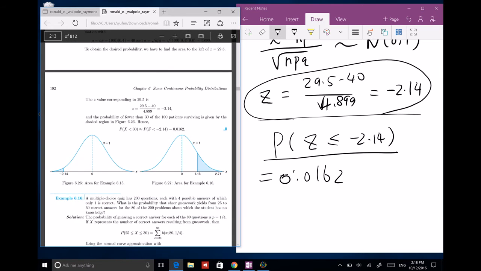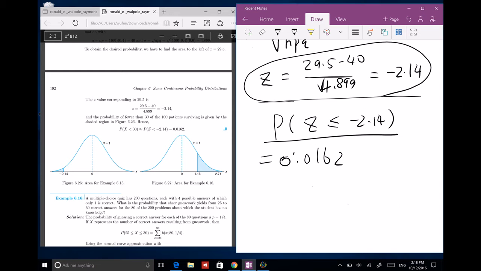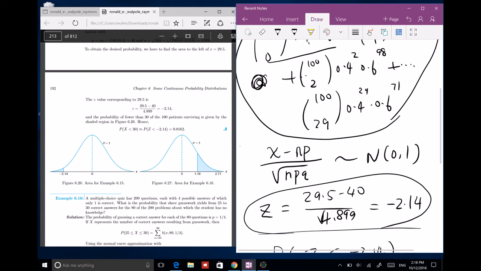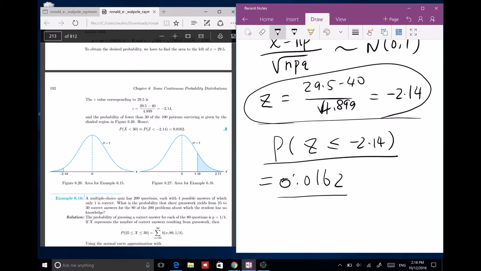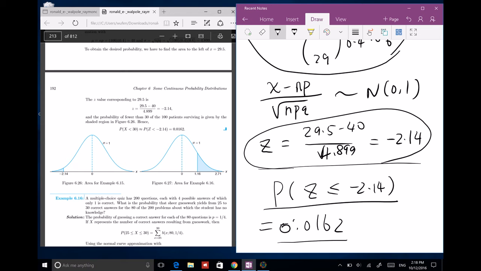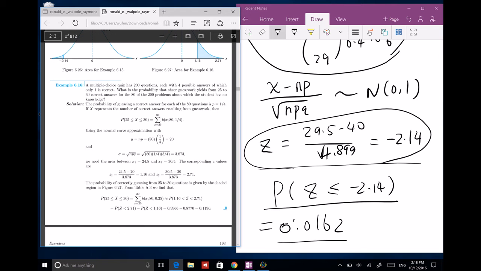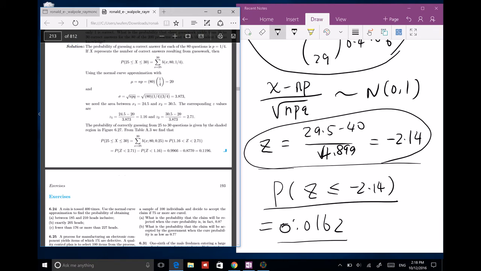So you can tell, you can either use the binomial distribution and add 29 probabilities, or use the standard normal distribution to approximate the binomial distribution, which is much simpler. Look at example 6.16, I think it gives you another example.